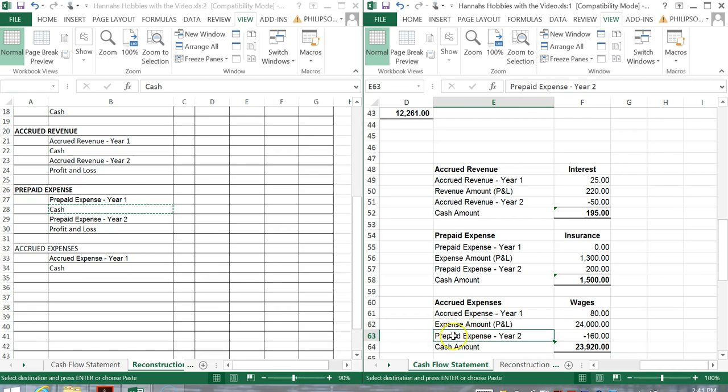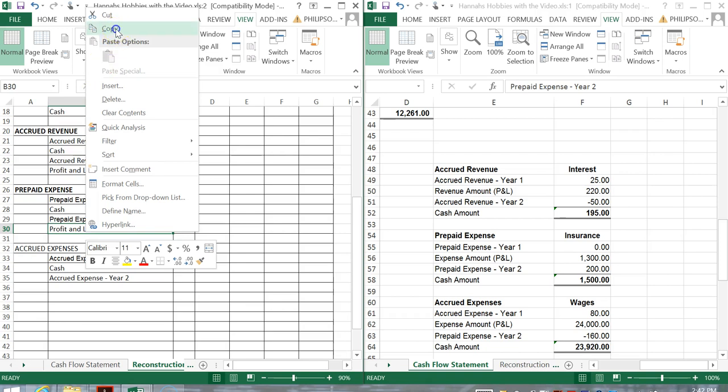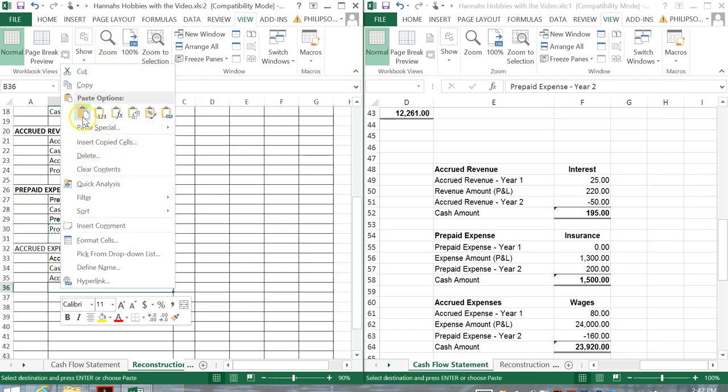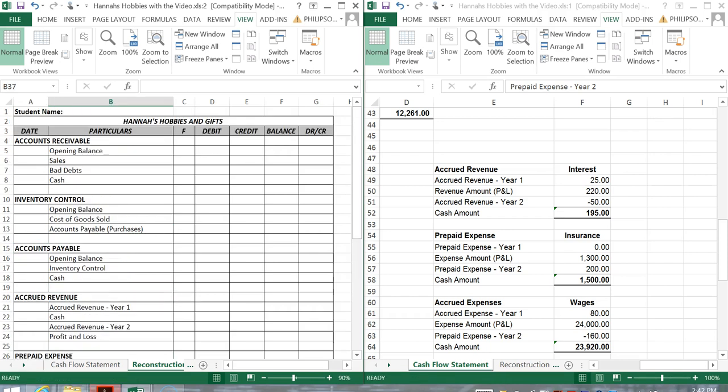That's not meant to be prepaid expense, obviously. That's meant to be accrued expense. Pardon my typo. Well, I better type this one then. Accrued. F2, arrow to the end, year 2, and then profit and loss. Make that bold. Alright, there's our shell.